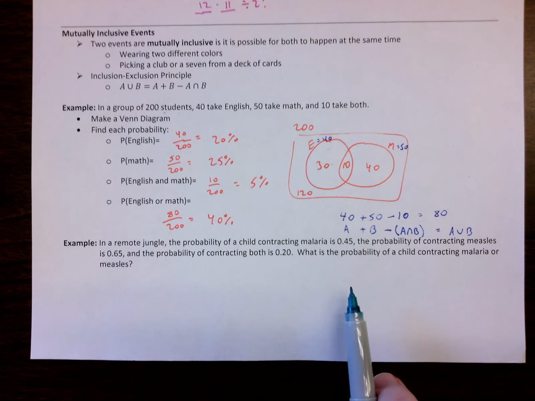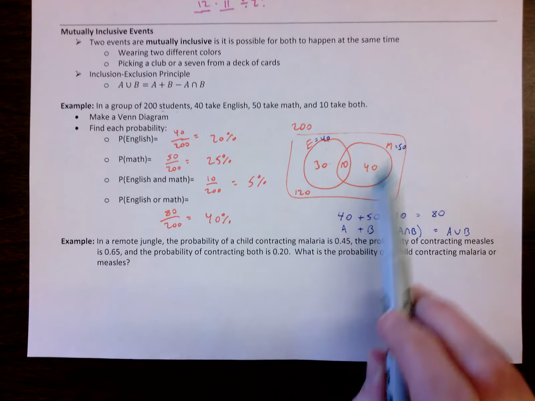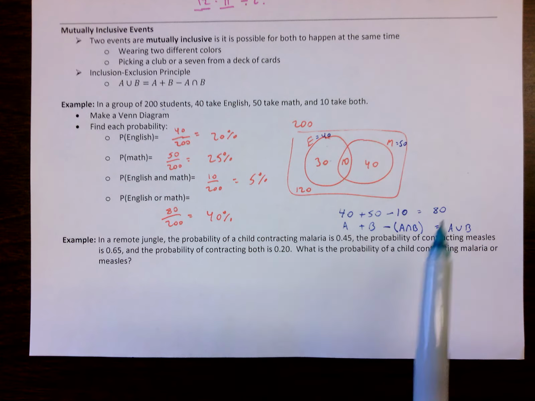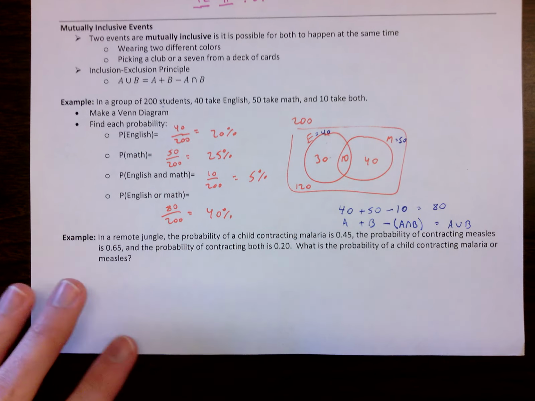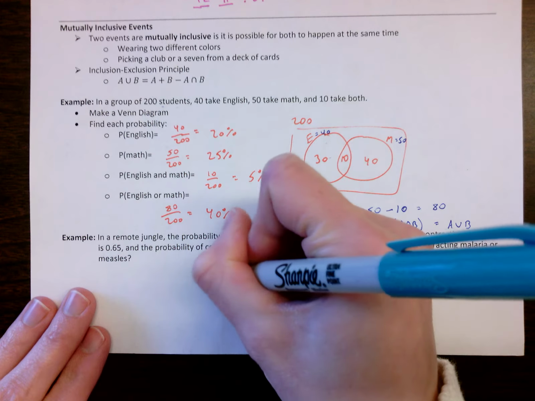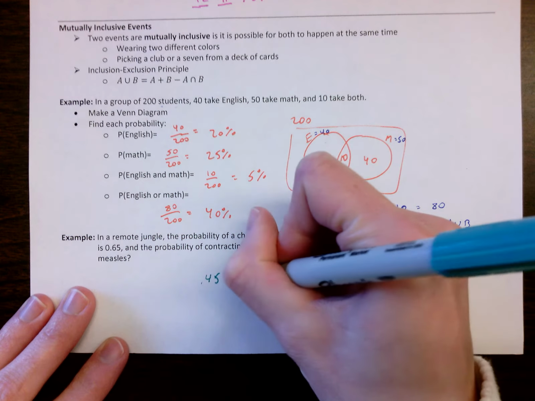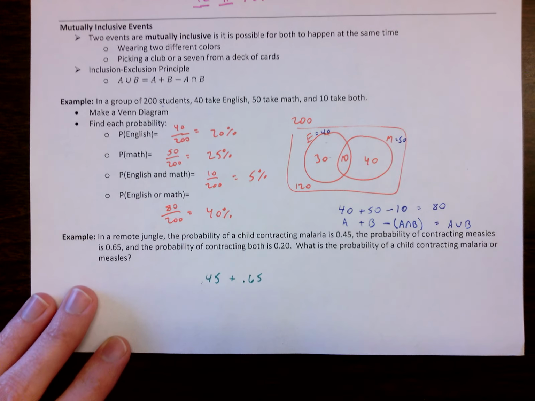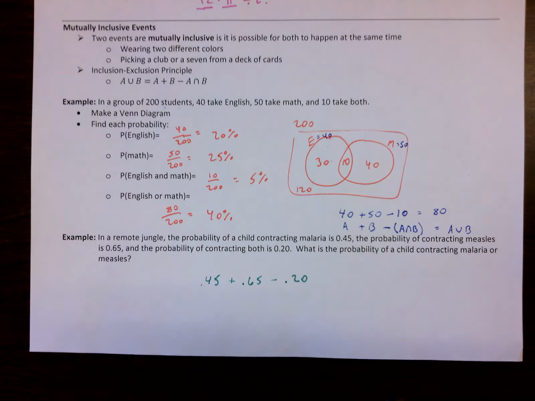Okay, so we could set up a Venn diagram, right, where we would say, okay, well, here's this total and here's this total, and then, okay, we got the both, so we know the both section, and then subtract, right? But the shortcut way of doing it is we use the inclusion exclusion principle. You add together the total probability of getting malaria and the total probability of getting measles, and then subtract from that the overlap between the two.